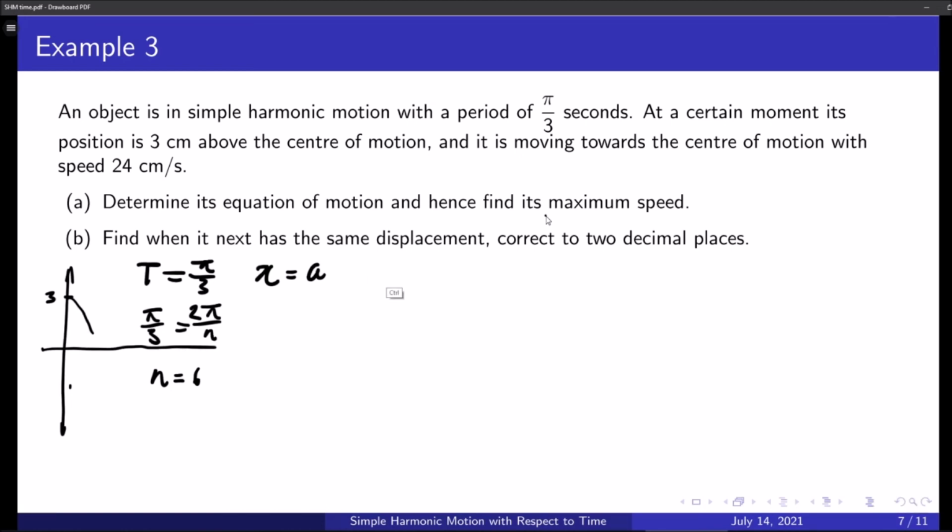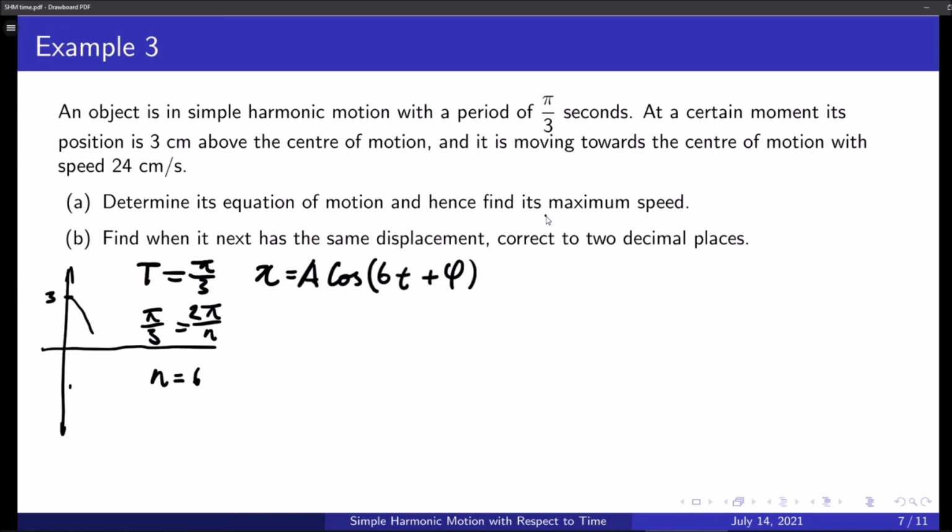Alright, but we do have the angular velocity, which is 6t as we just worked out, and then plus phi, since we don't know the phase shift either. That's all the information we have.